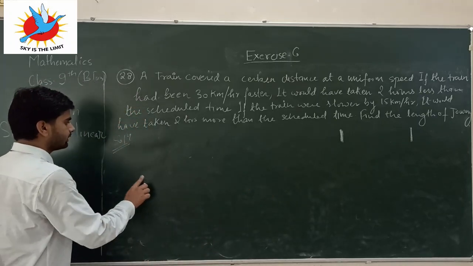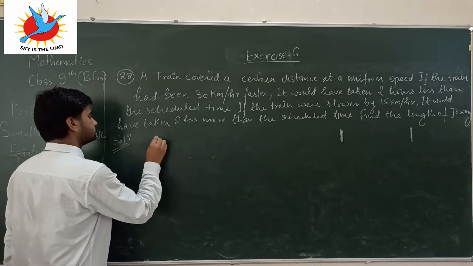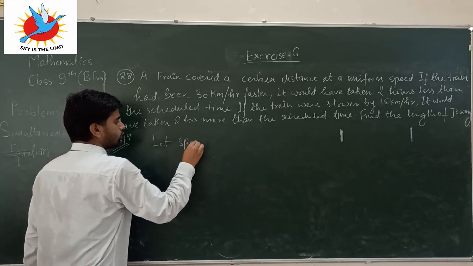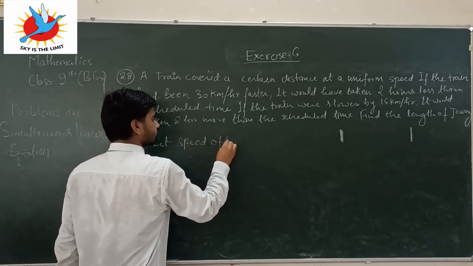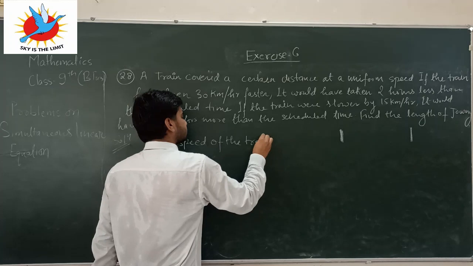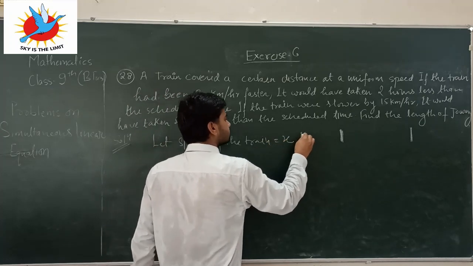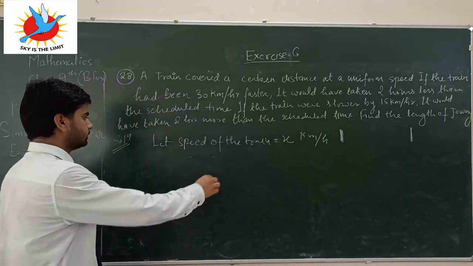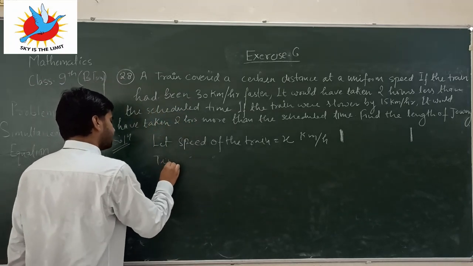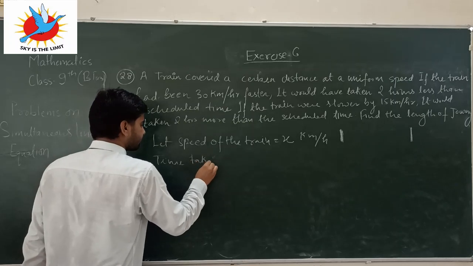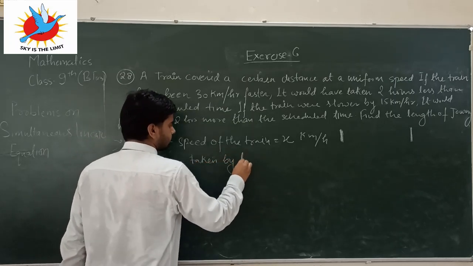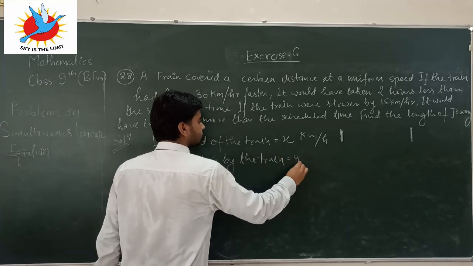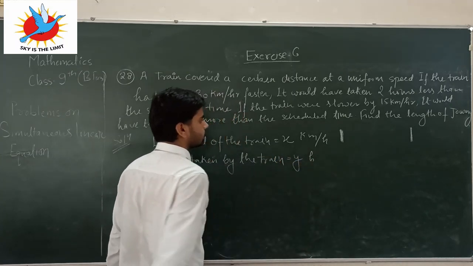Suppose the speed of the train is x km per hour, and the time taken by the train is y hours.